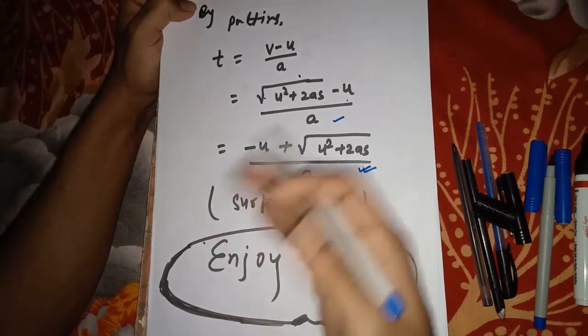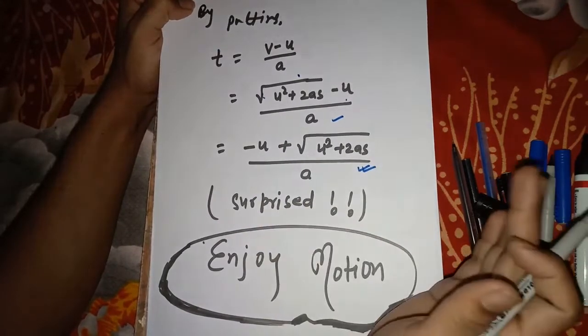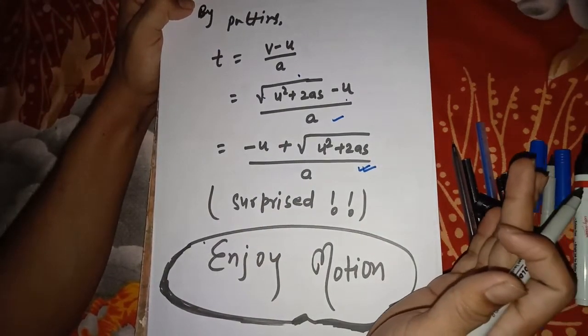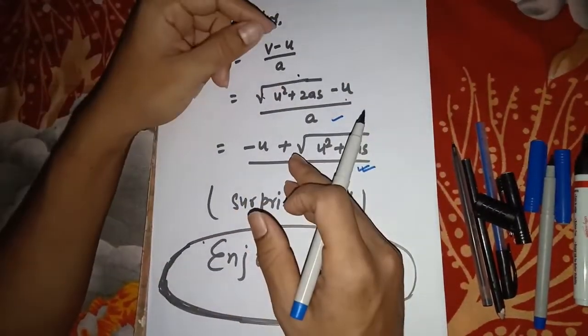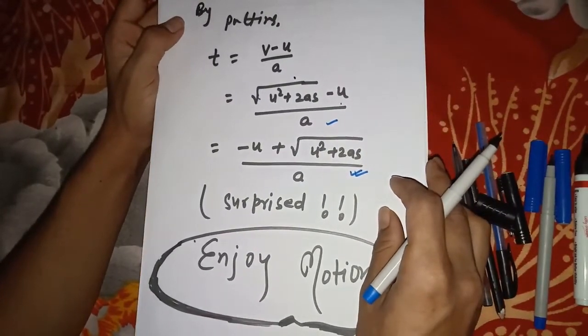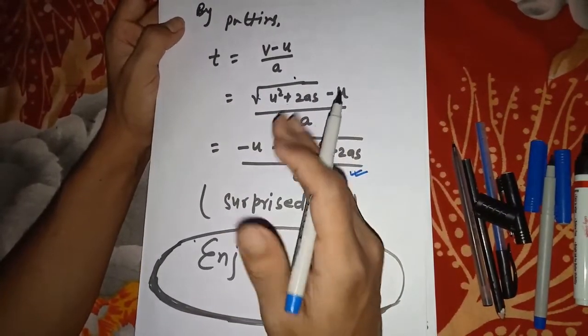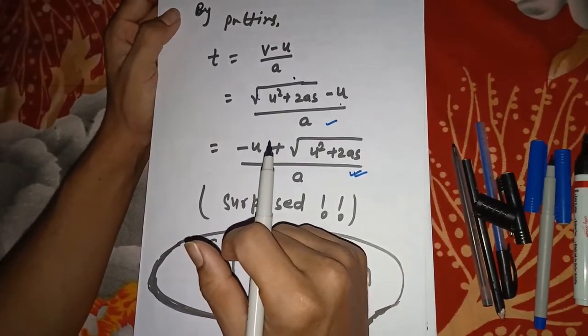So whatever is easy for you, you can take it. Have you got my point? So I have given you the derivation or simple proofs of the equations of motion, mainly the three equations of motion, but there are many expressions also. You have to remember all.